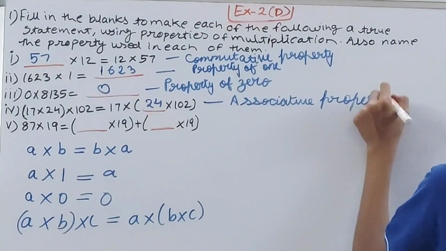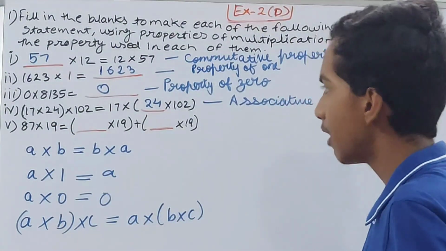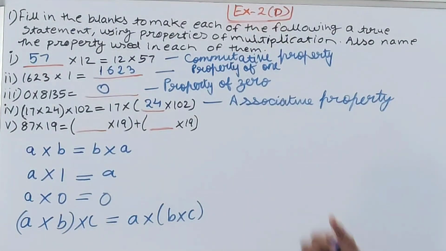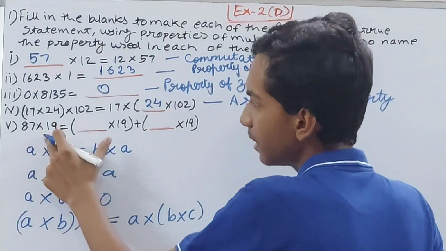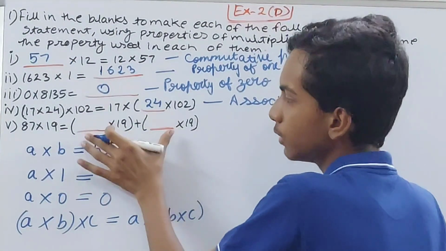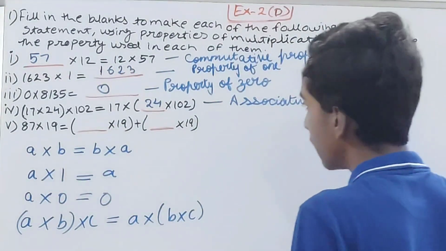Alright. Then see, you have this one. This is a new property. We have 87 into 19 is equal to, now you can break 87 down. See, 87 into 19 is equal to dash into 19 plus dash into 19. So here two different numbers will come in both the blanks. What are those two different numbers?